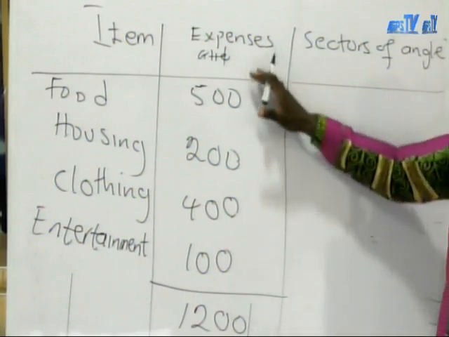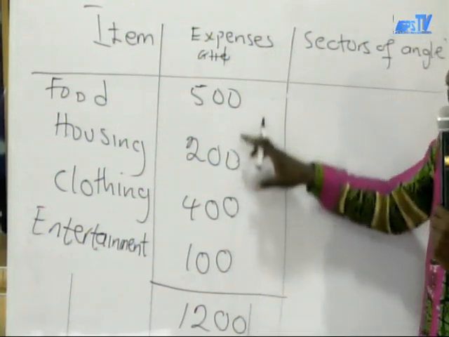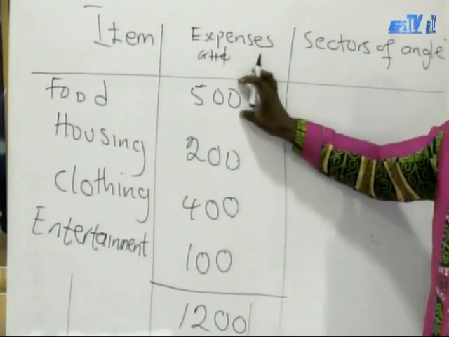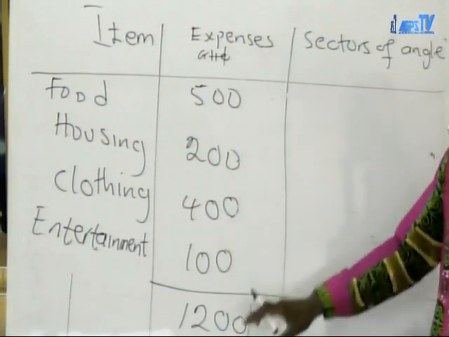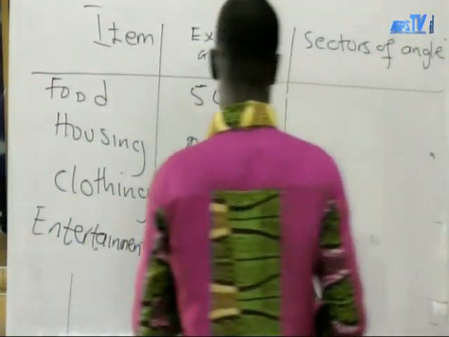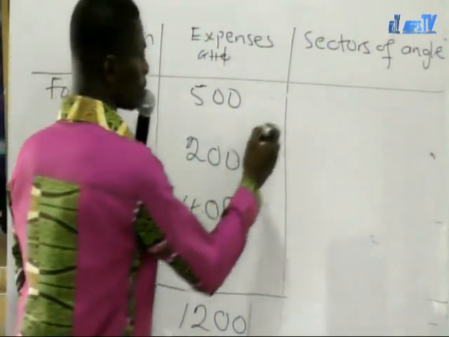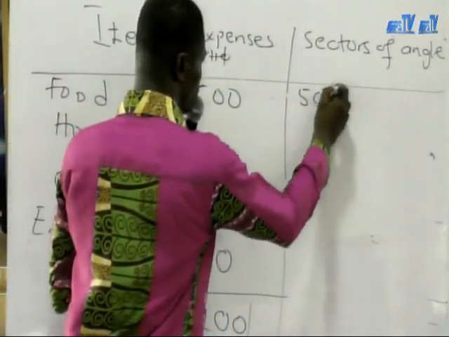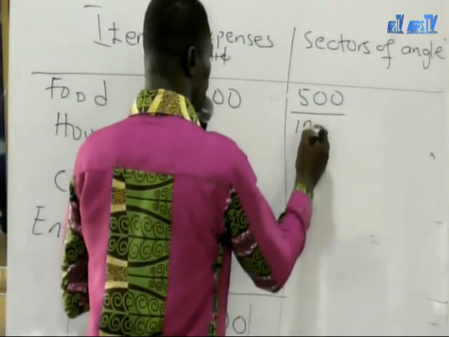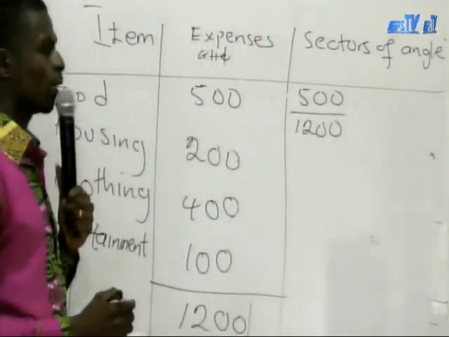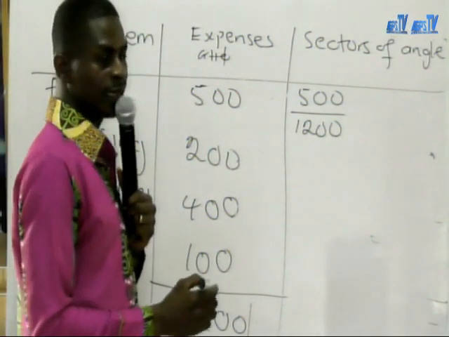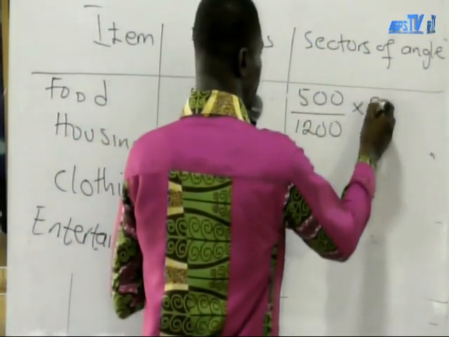Now, after I found my total, I'm going to pick the individual items, and each individual item I pick, I'm going to divide it by the total frequency. So if I pick my 500, for example, I have 500 divided by my 1,200, then I am going to multiply the results by 360.